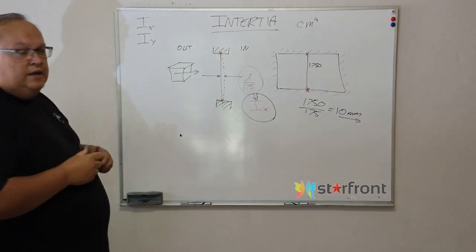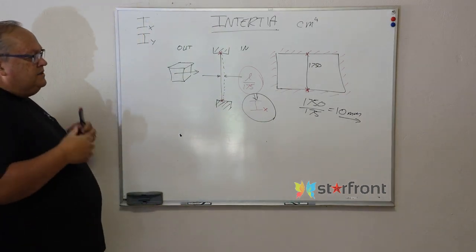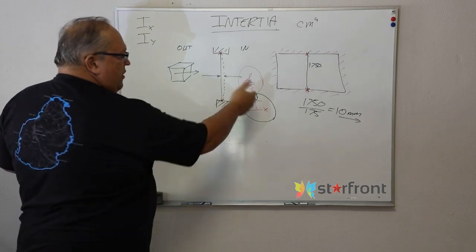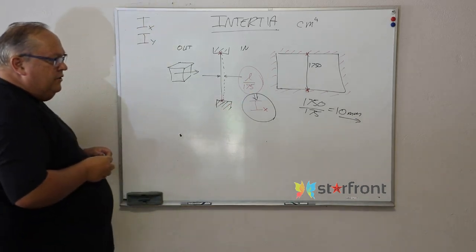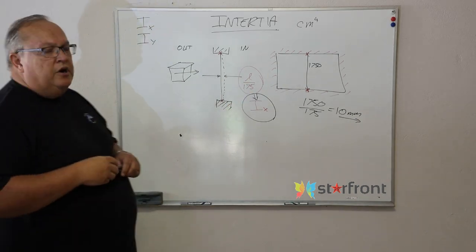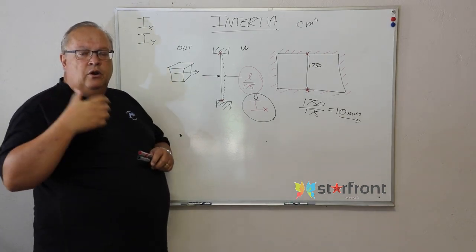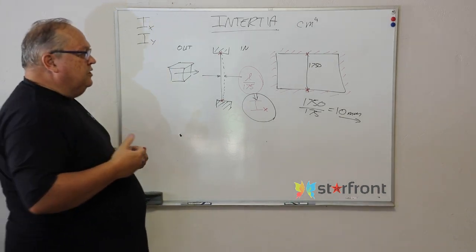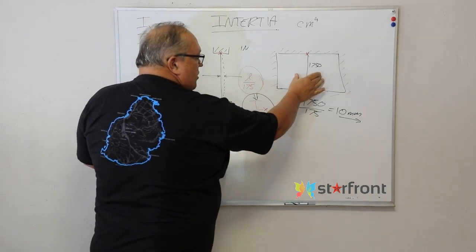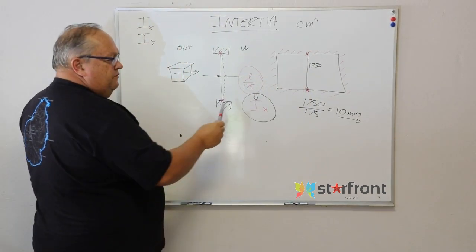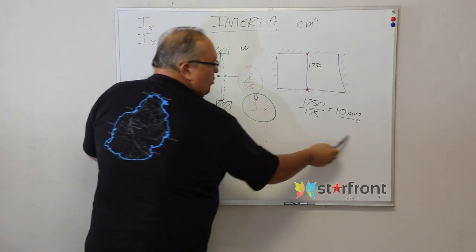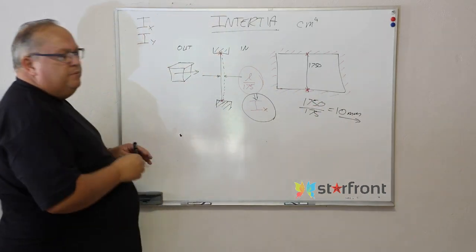Then what I can do is say my profile needs a minimum stiffness of whatever that Ix value is, and then I ensure that when the wind, according to my wind load specification, blows against this window, that mullion will not deflect or bend by more than its length divided by 175.